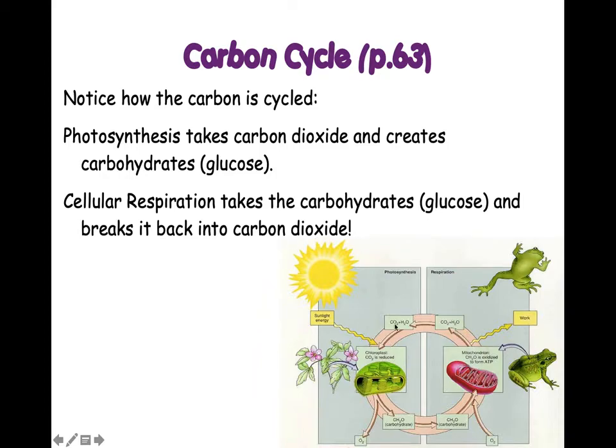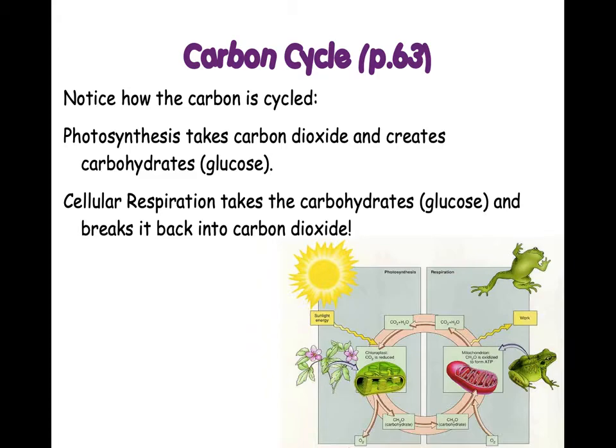So this carbon is used again and again and again, and has been used for millions of years. In fact, the same carbon atoms that the dinosaurs used are the same carbon atoms that we are using. So if you're breathing in, if you're eating glucose, that glucose might have come from an ancient dinosaur somewhere, right?